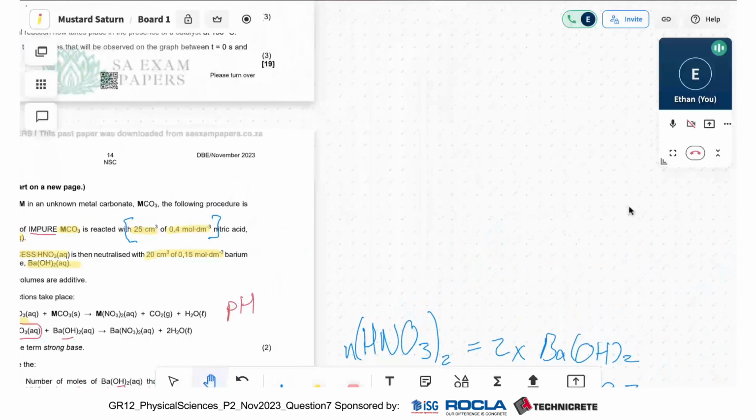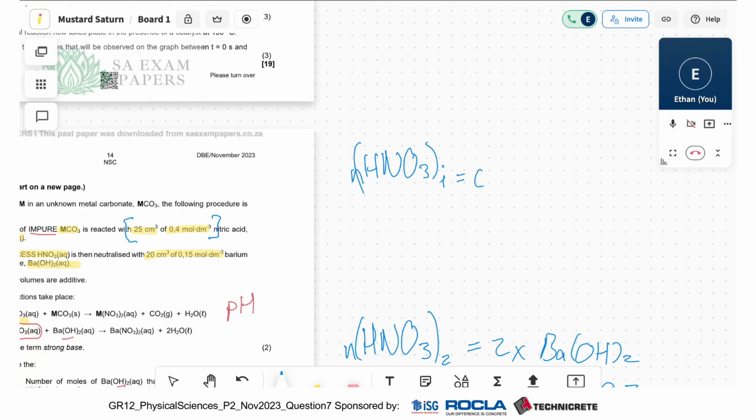So we can say moles of HNO3, and I'll put an I for initially, equals concentration times volume. Our concentration is 0.4, and our volume is 0.025.